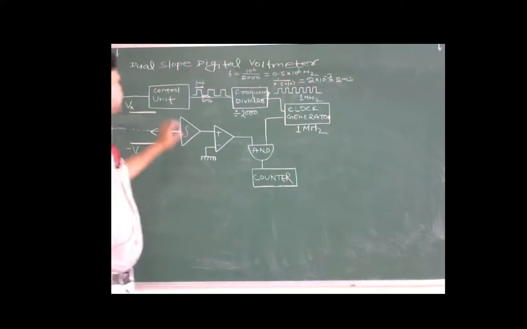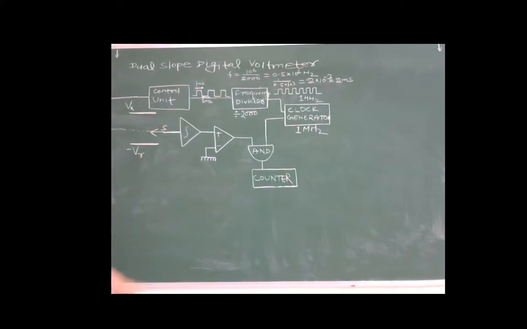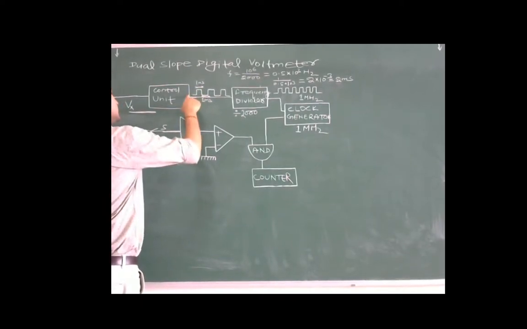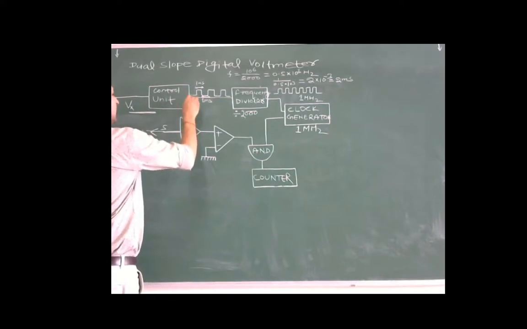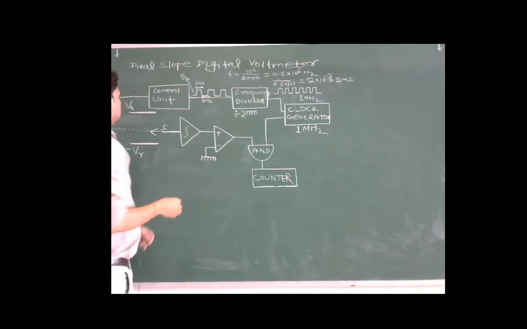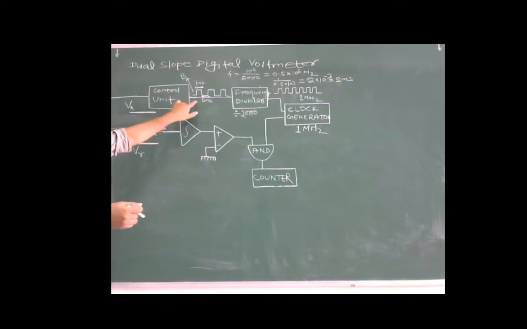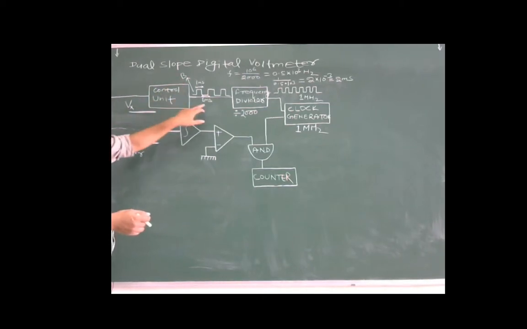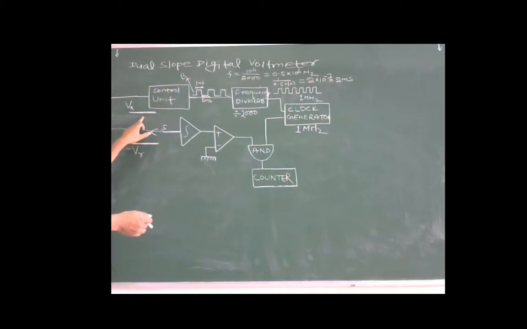Now this signal is applied to this control unit. Suppose I am representing this signal with B. When this signal B is high, the control unit will shift this switch to the positive Vx input, and when this signal B becomes low, it will connect the switch to the negative reference voltage.